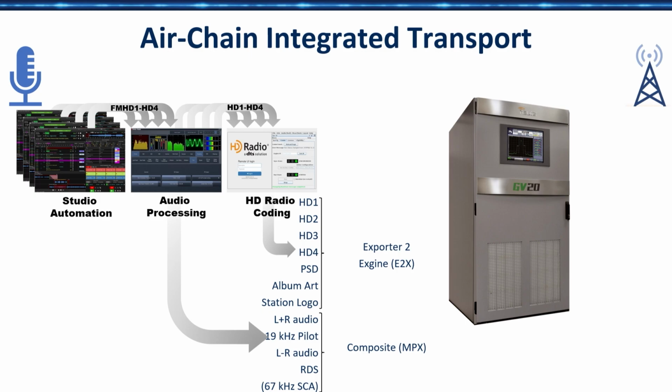The same thing with the E2X protocol. It carries your HD1 encoded audio to HD4, program service data, artist experience, station logo. So we kind of see the E2X at the same point in the air chain as composite MPX. They're buddies.